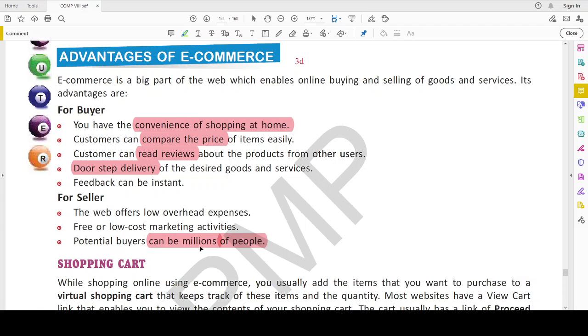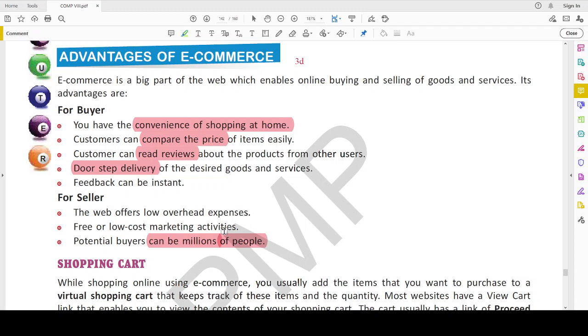Potential buyers can be millions of people. So what are they doing? They are just listing their products on the website. That's it, and nothing else they have to do.